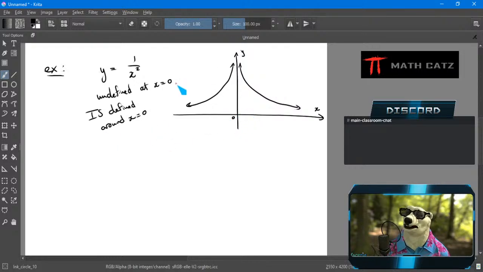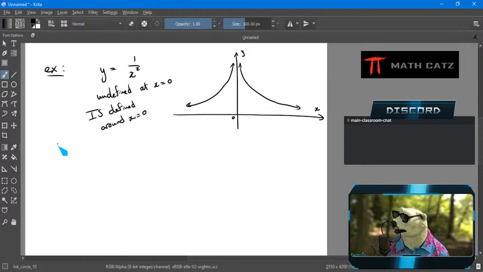Though at x equal to 0 specifically, we have a little bit of a problem because we can't divide by 0. We don't have a y value. Anything around even 0.00001, I have a y value. I just can't be at 0. I can be as close around 0 as I want. There's a graph everywhere else, which means I can investigate behavior everywhere else as I get closer to 0.